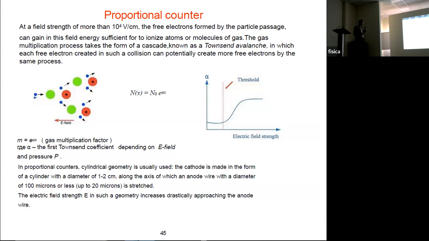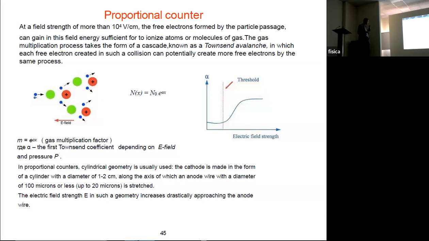Well, let's start from the beginning. You have some interaction which happened, and you have, for example, an electron and an ion, and the electron and ion start moving in the electric field.